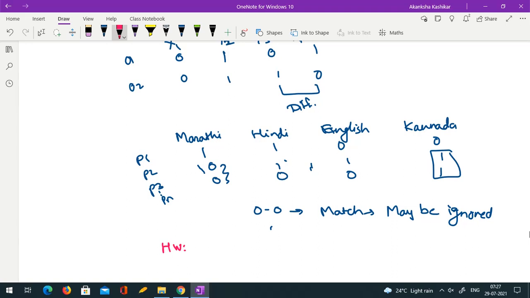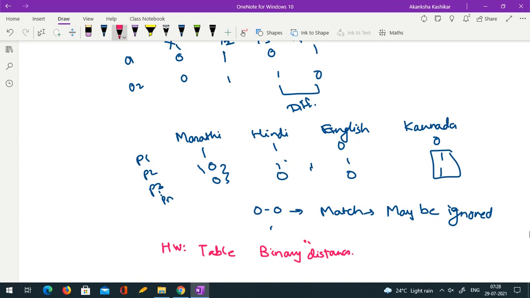Everyone should have soft copies of Johnson and Mitchell and Harder and Silver, both the books. In Johnson and Mitchell, there is a table which gives binary distances, that is, distances between binary variables. Go study that table and understand it clearly, and given any two binary objects, you should be able to compute the distance between them by any of the formulas given in that table.